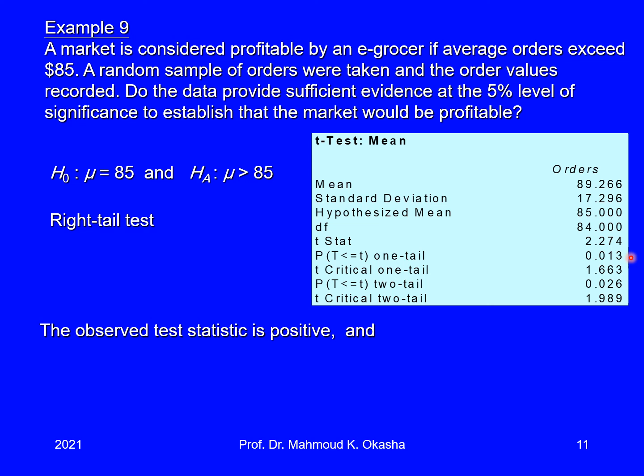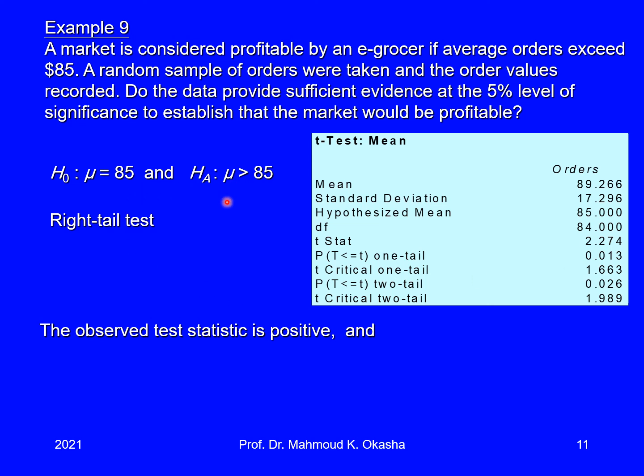The observed t is 2.274, and it is greater than both critical values. And the p-value is less than 5%.